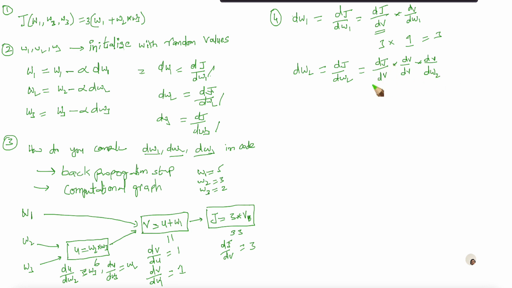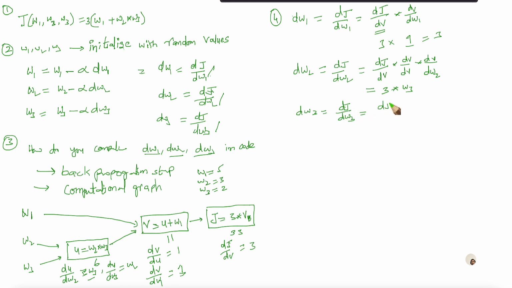So we know dj by dv is equal to 3, and this is 1 from here, right? 3 and 1, and then this one we already know as w3, which we computed here. So this one is 3 times w3, and dw3 is dj.